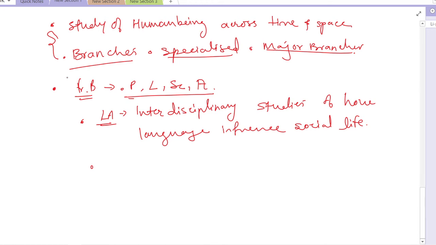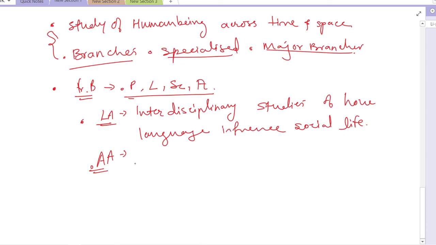The second one we will be discussing is archaeological anthropology. What is archaeological anthropology? It is a branch of anthropology which studies material remains or objects as a means of describing and explaining human behavior and the origin, growth and development of human culture.